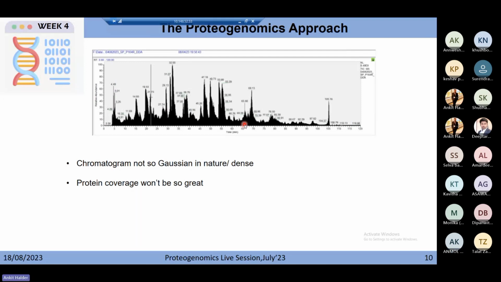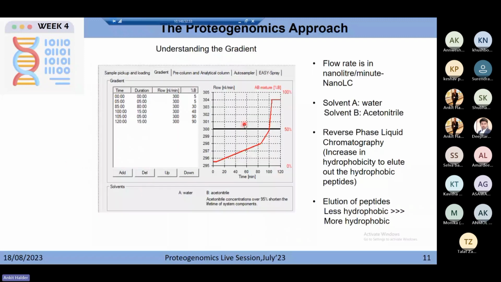So why are we stressing that it should follow a Gaussian pattern? It relates to the way the peptides elute.